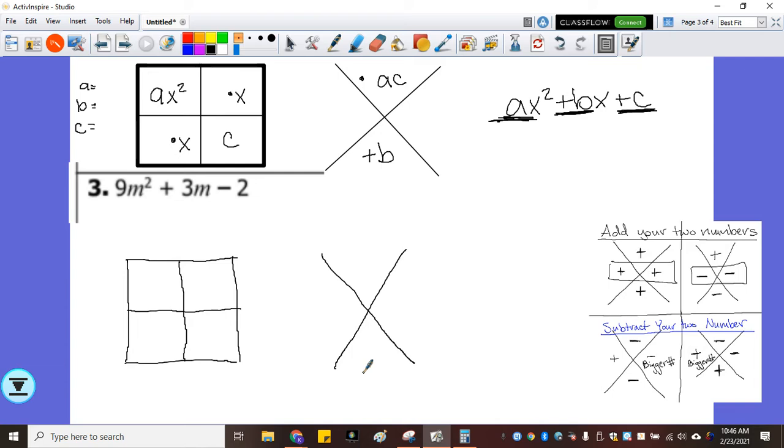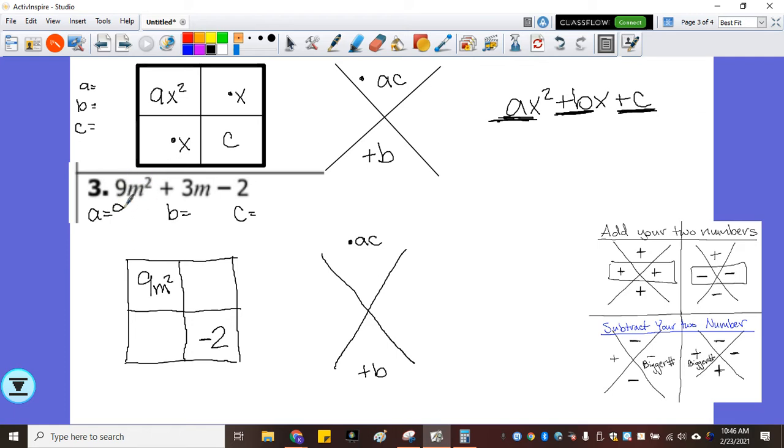So we're just practicing this over and over and over again today. Because it's a lot of steps, and I know it's a lot of steps. A is, B is, C is. Multiplies to AC and adds to B. So A is always the number with the x squared or the variable squared, since we changed it to an m.